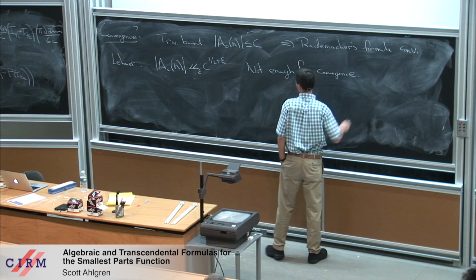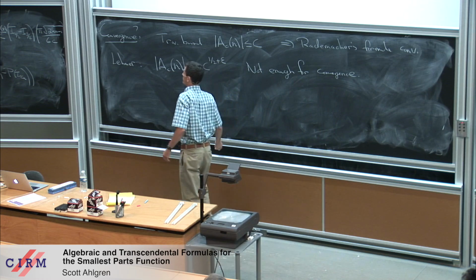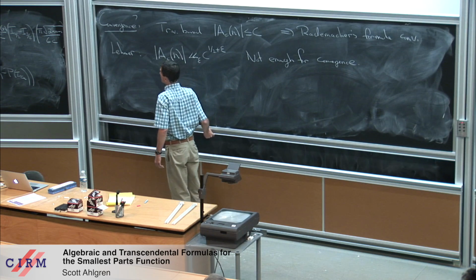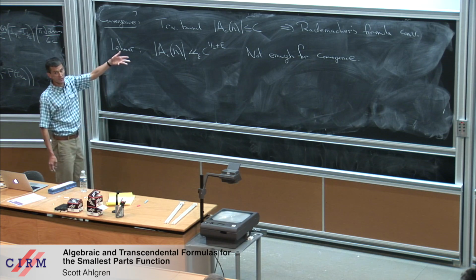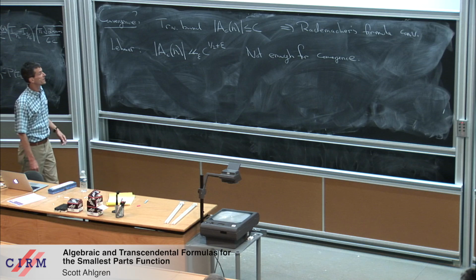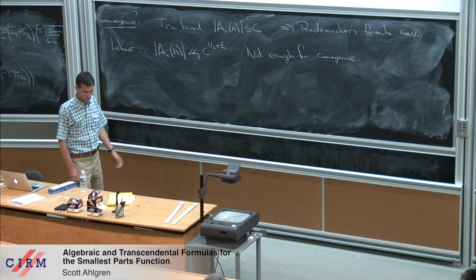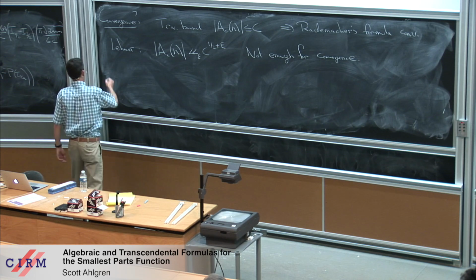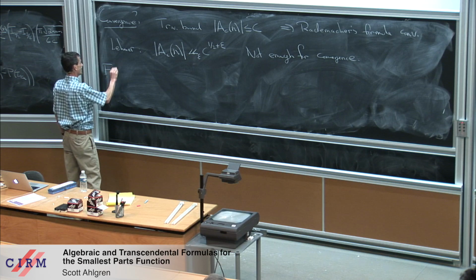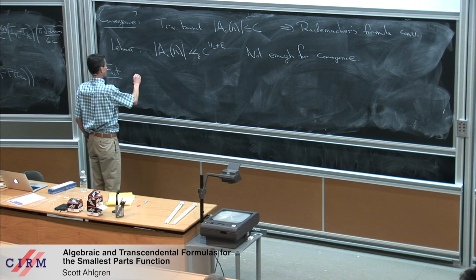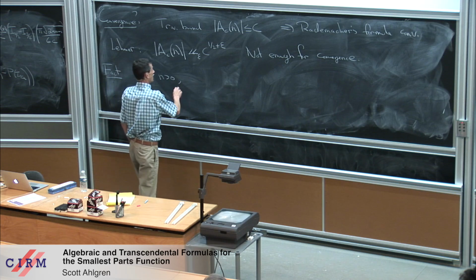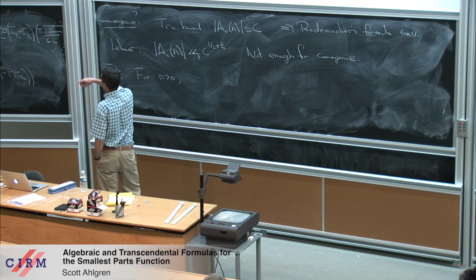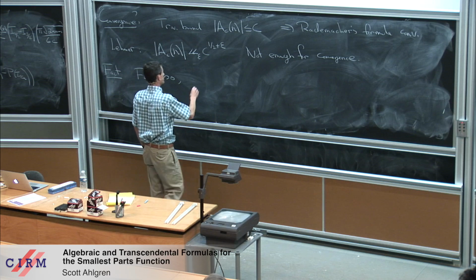And so you need some kind of power savings, not in the Kloosterman sums themselves, because this is the best you can do for individual Kloosterman sums, but in sums of Kloosterman sums. So here's a fact, which I'll return to later on. For positive n, there's a significant savings in the sums of Kloosterman sums.